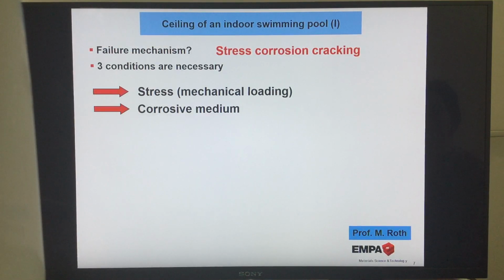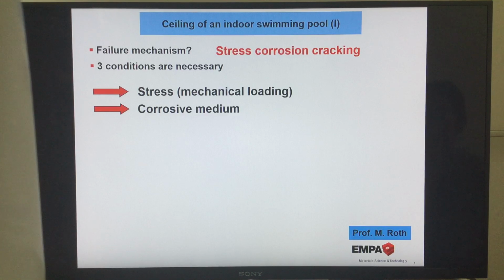And the third one, now you think carefully. Most of you forget this, because for stress corrosion cracking, you know, from the corrosion lecture, we have these 3 overlapping circles, and it's very important to know the third part. And I will also ask this in the examination. The third part is what?